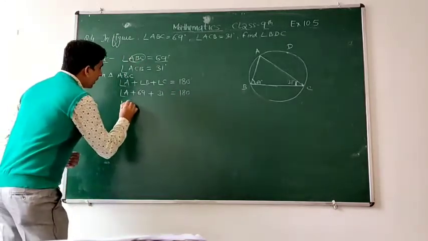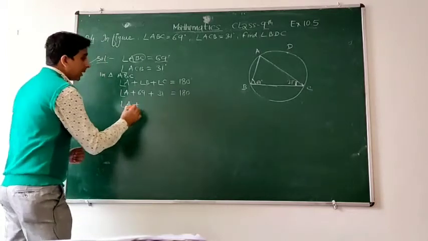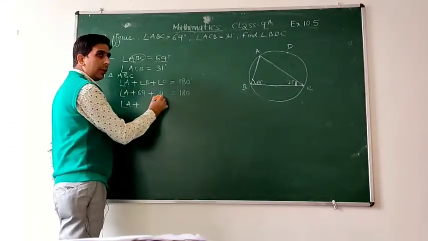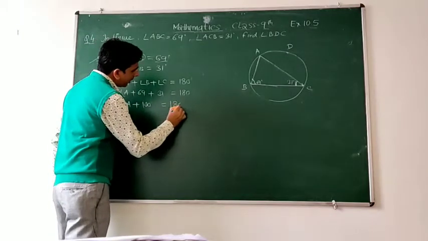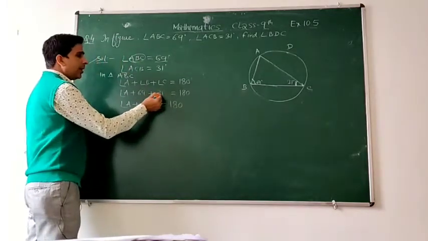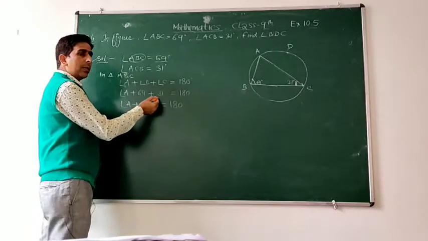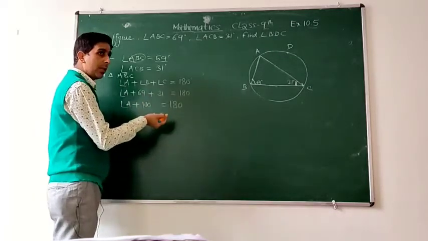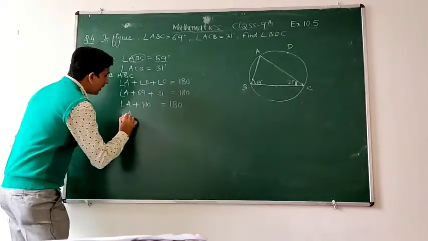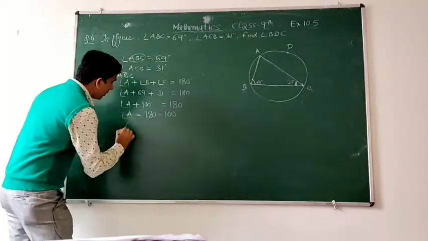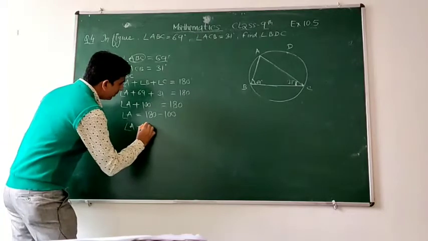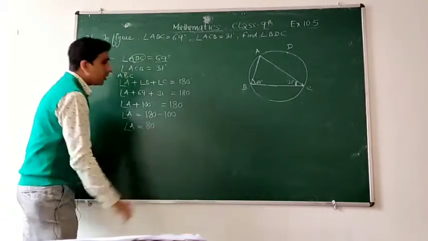So angle A plus 69 plus 31 equals 180. If you add both, you will get 100, right? 1 plus 9 is 10, 3 plus 6 is 9, plus 1 is 10. 100. So angle A is equal to 180 degrees minus 100 degrees. So angle A is equal to 80 degrees, right?